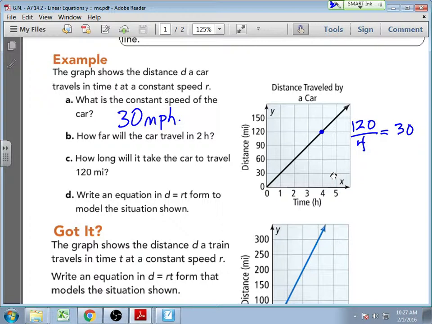How far will a car then travel in 2 hours? Well, you can either use what you know about miles per hour, or you can look at your graph. 2 hours, I go up to my graph, find the point, go over to how many miles? 60 miles. That's a nice point. How long will it take the car to travel 120 miles? Well, we already answered that one. Zach?